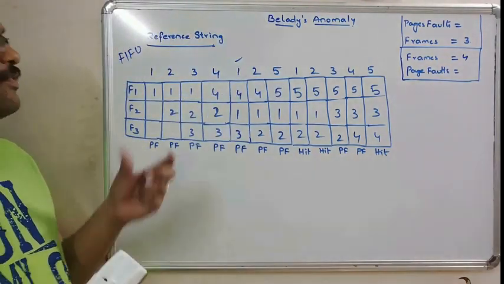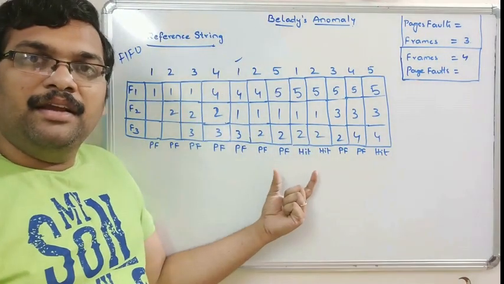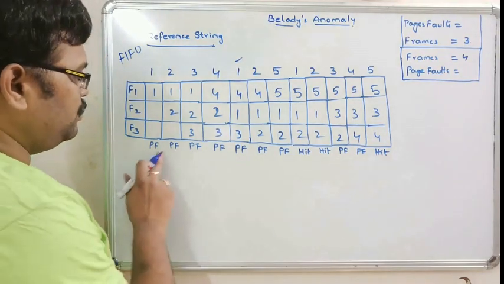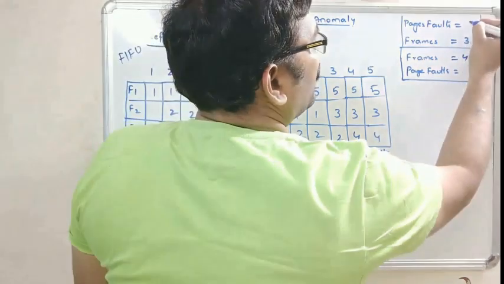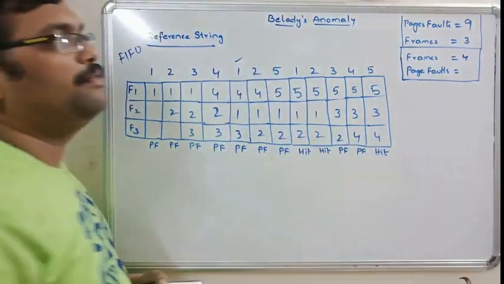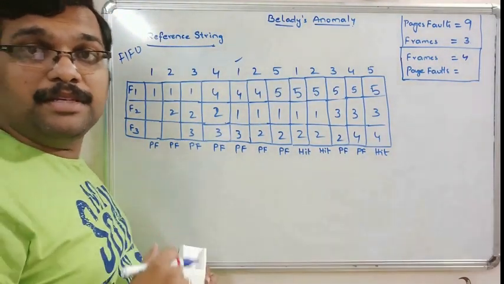After completion of this reference string, we can count the page faults: 1, 2, 3, 4, 5, 6, 7, 8, 9. So there are 9 page faults for 3 frames.